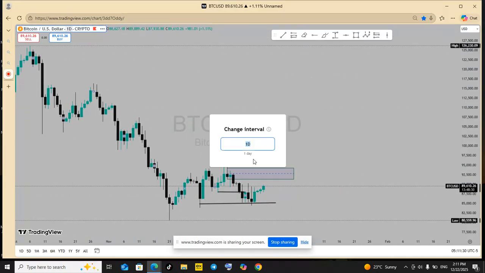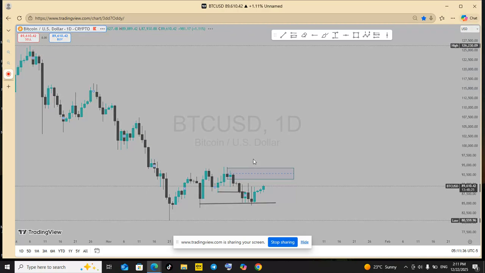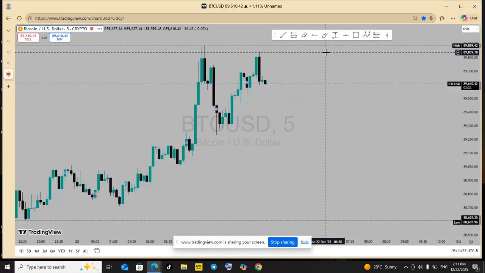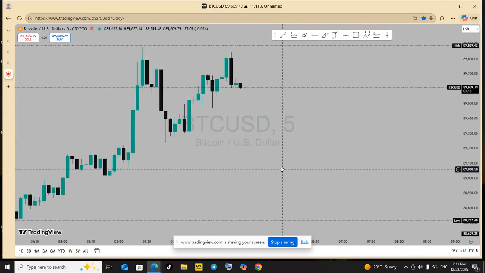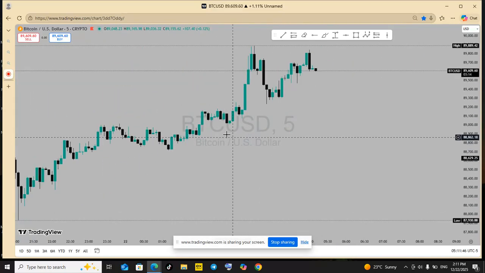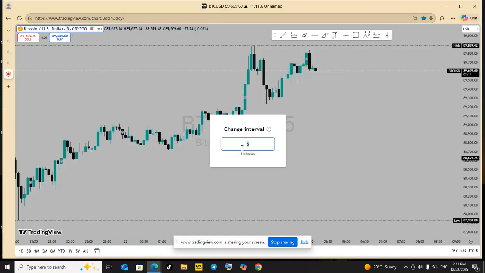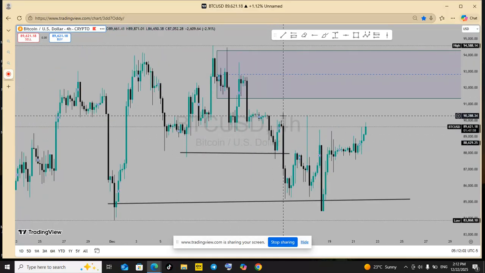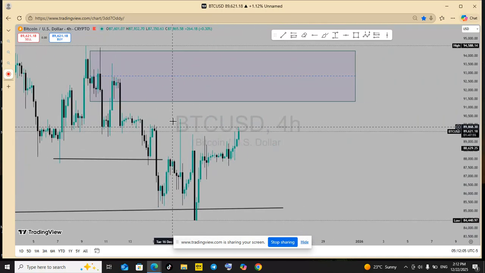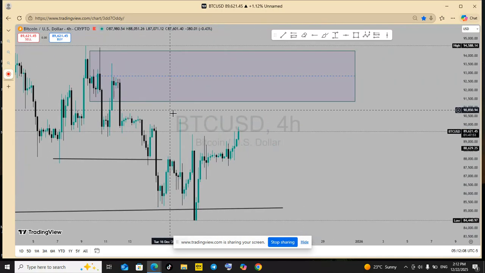So when you come to 4 hours, this is our 4 hour chart. You can see it is still showing as a big supply zone in 4 hours.